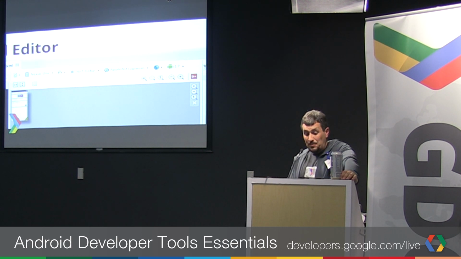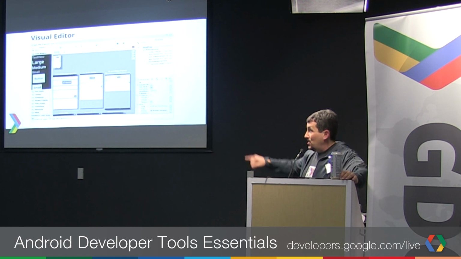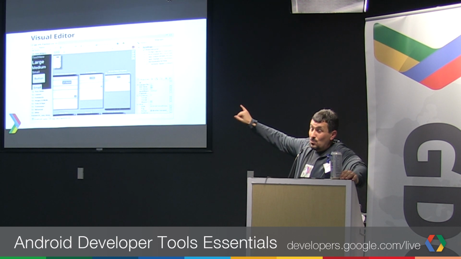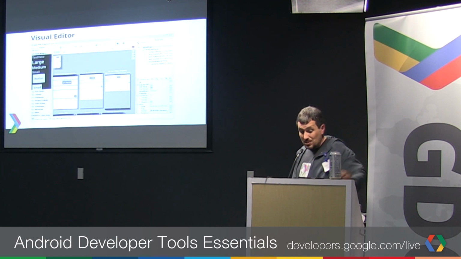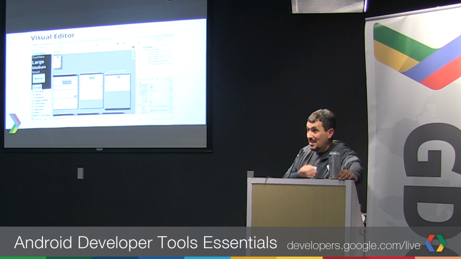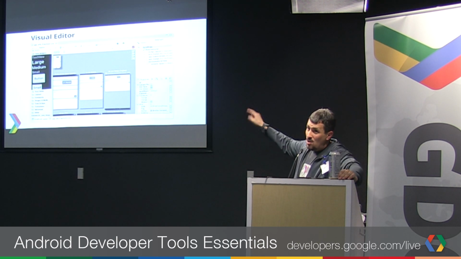In addition, as I have set up here now, you can look at how your app will look on multiple devices. So in this screen, I have a 3.2 HVGA image, a 5.1 WVGA, a 10.1 WXGA image, and I can quickly look at exactly how my app is going to render on all of those devices in one place.